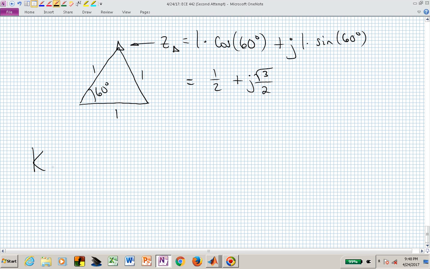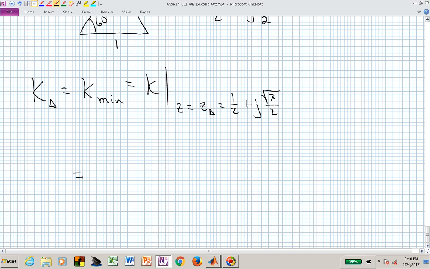So in this case, k delta is k min, which is k evaluated at z equal to z delta, which is now 1/2 plus j square root of 3 over 2. We can now substitute that in for z, so that we have 1/2 plus j square root of 3 over 2 minus 2.